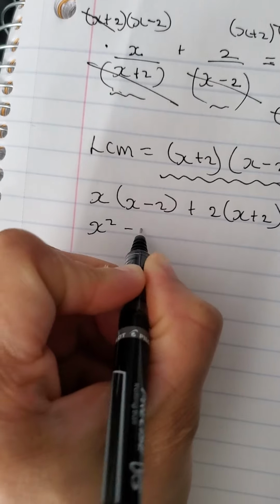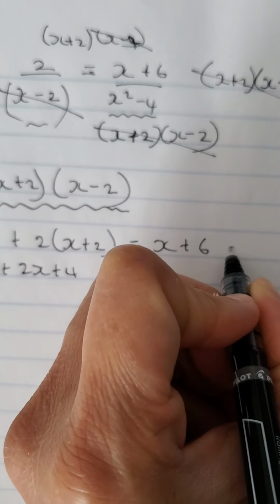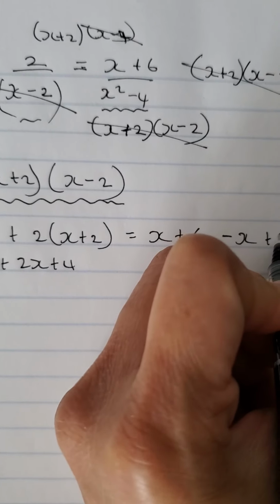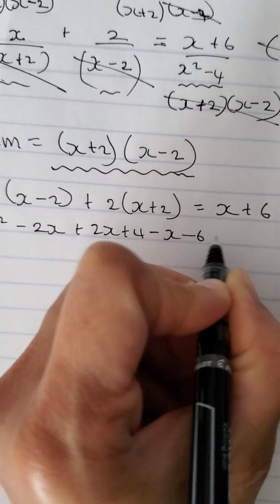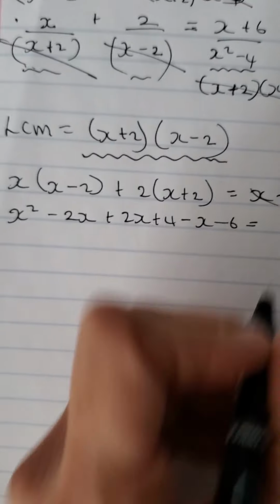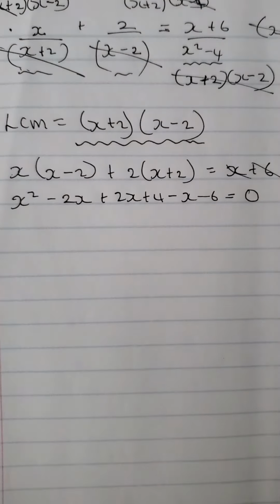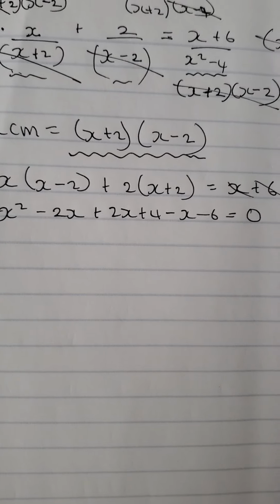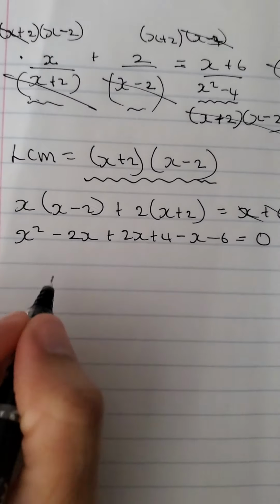So that's x squared minus 2x plus 2x plus 4. And I'm going to transpose all terms so my equation is equal to 0. What you do on one side, you must do to the other side. And it's equal to 0 because, again, it's a quadratic equation. I know I sound like a broken record, but these are things you have to tell yourself while you're working out equations so that you don't make any mistakes.